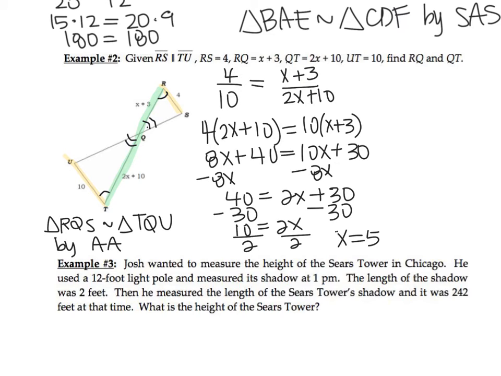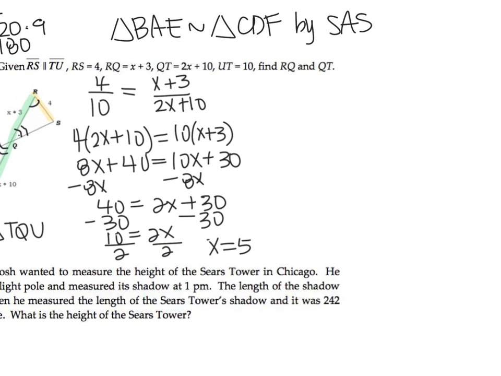But we are not done, because the problem asks us to find the lengths of RQ and QT. But now that we know what x is, we can find those lengths easily by just plugging our value in. So we have RQ, which equals x plus 3, so we get 5 plus 3, which means RQ has a length of 8.